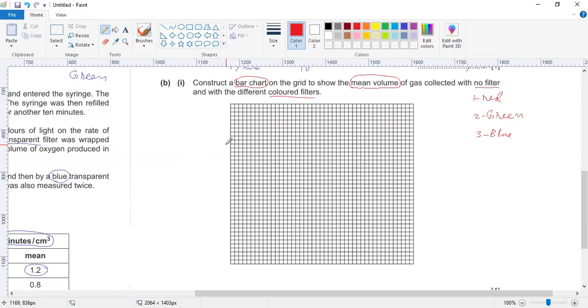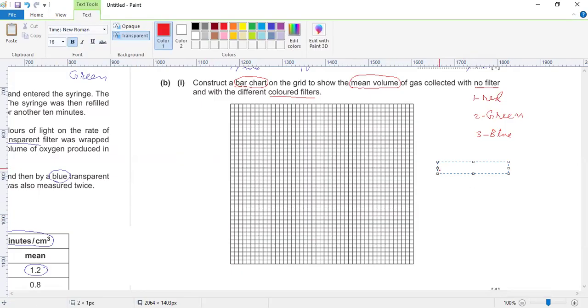But before going to the table, we should know what are the main points whenever you are going to draw a bar graph. So remember these points. Number one, in a bar graph or the bar chart, columns are separated.